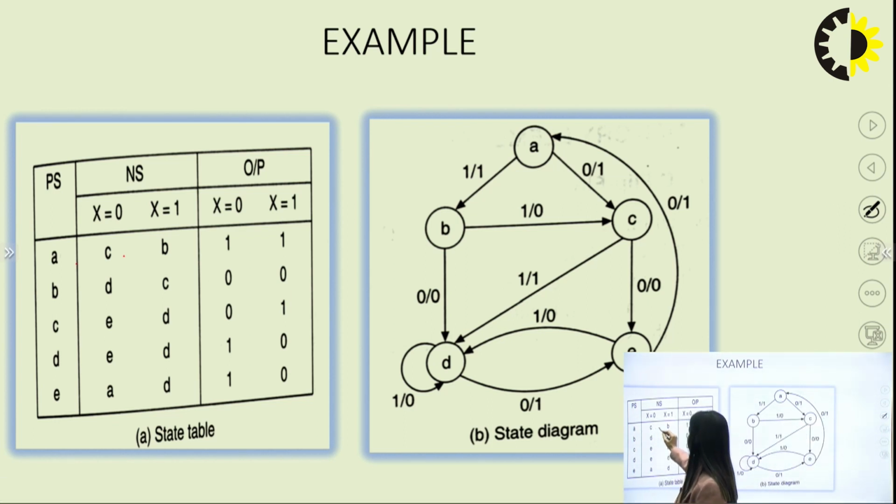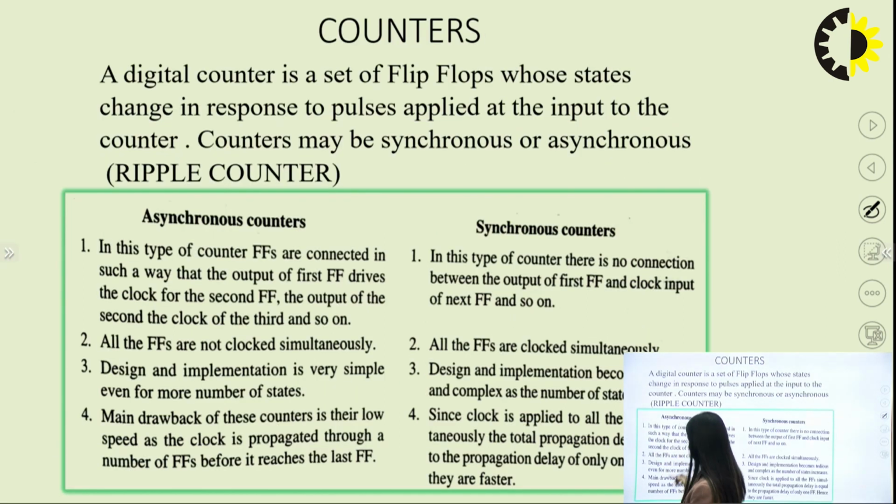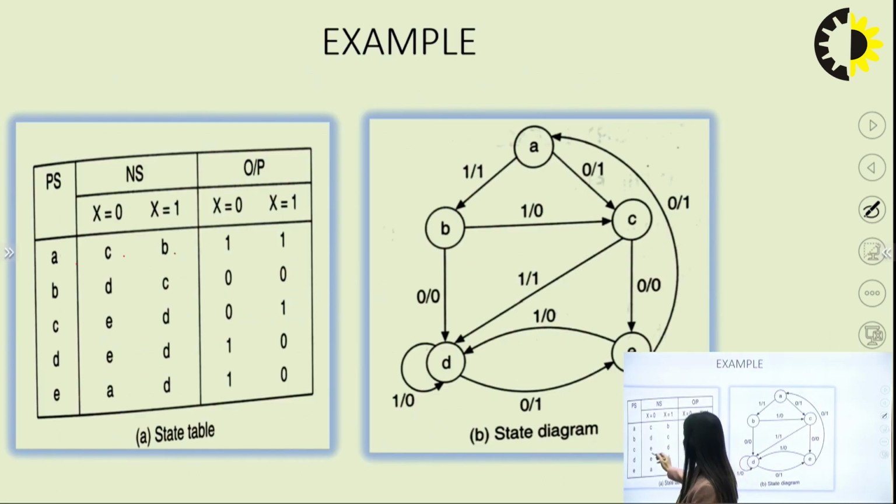So we have obtained this ACB11, BDC00, CED01, DED10, EAD10. In a similar way I can write my state table and reduce this, and again we can draw the diagram.